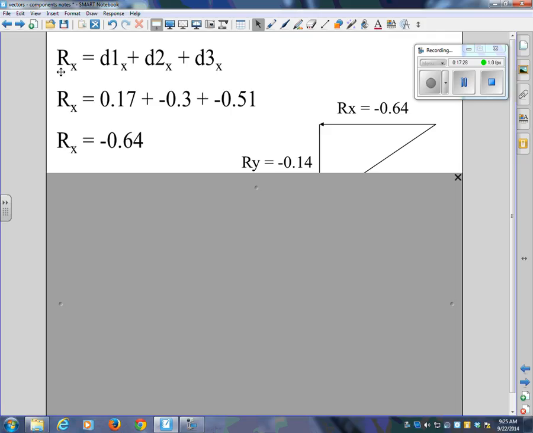Not prescription, no. Thanks, Peyton, yeah. Rx stands for x component of result. The x component of the result is the sum of all the individual x components. d1x plus d2x plus d3x, or 0.17 plus minus 0.3 plus minus 0.51, or minus 0.64.